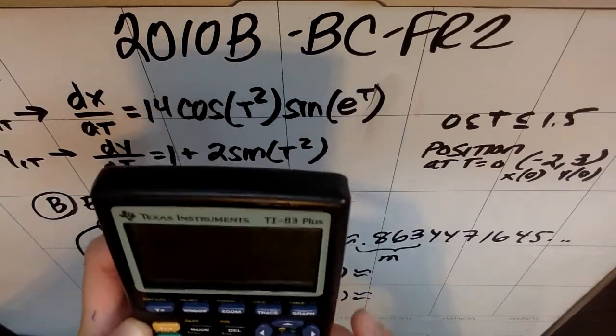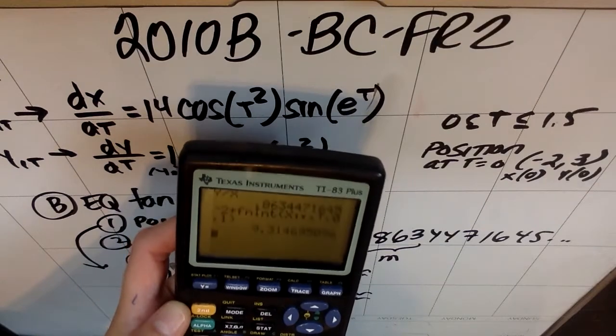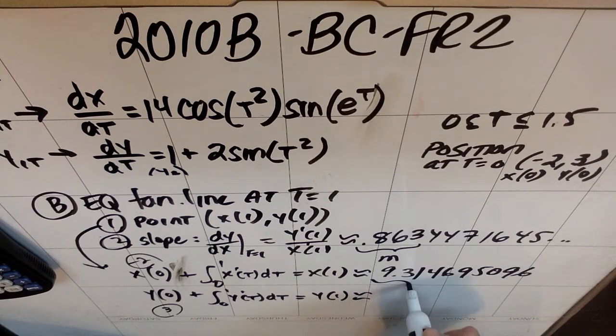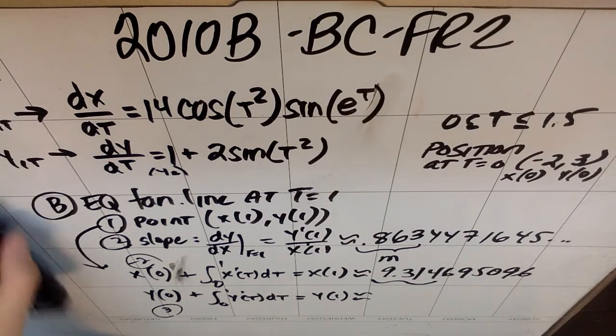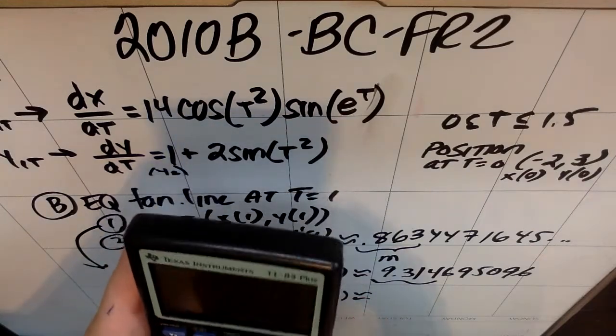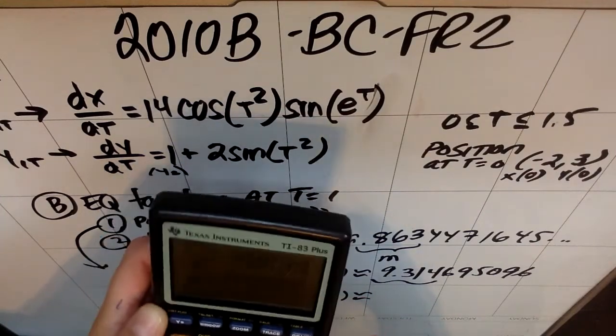I type that in and I get 9.314695096, but I'm only going to end up keeping up to here. And then I'm going to hit second enter and do the same thing, but I'm going to change the -2 to a 3, and I'm going to change the x1t.